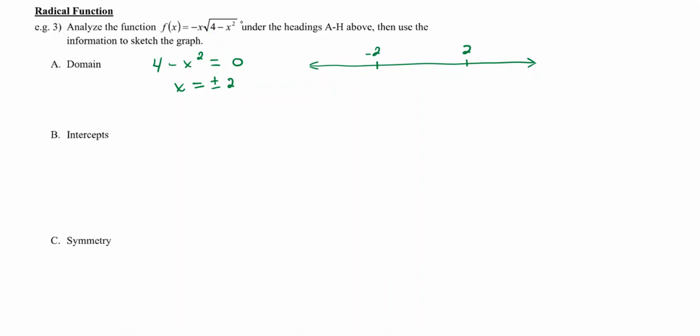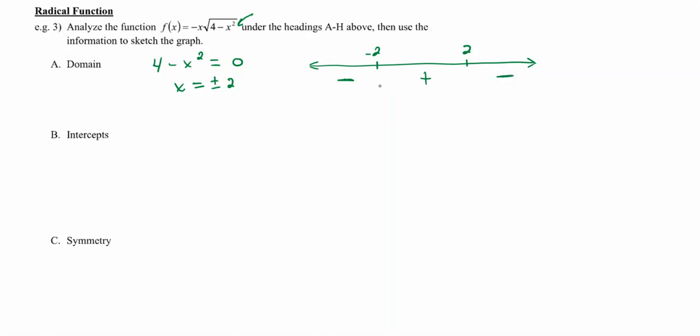If we threw negative 3 into this, then that would be 4 minus, and then negative 3 squared is positive 9, so 4 minus 9, right? I'm going to be into negative territory. So this is negative over here. And in the middle, if I threw in, let's say 0, anywhere in the middle there, I'm going to end up positive. And then on the other side, if I threw in, let's say, positive 3, then that's 9 again, so that'd be 4 minus 9, so into negatives.